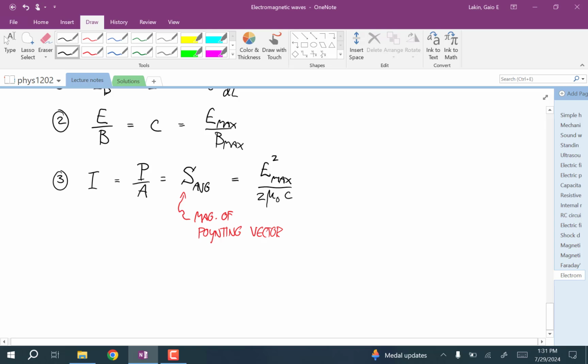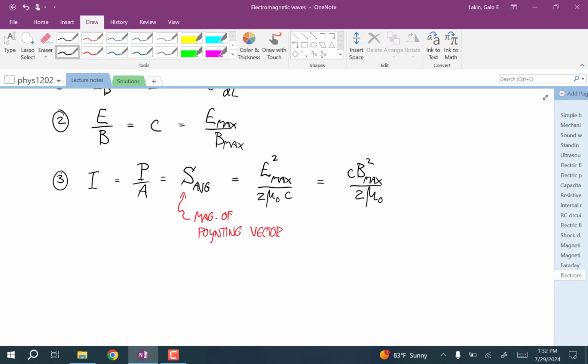And since equation number 2 gives us a relationship between E max and B max, we can just do a substitution here and write it in a different form, and that is that c times B max squared over 2 times mu 0 is also equal to the intensity and also equal to that average Poynting vector value.